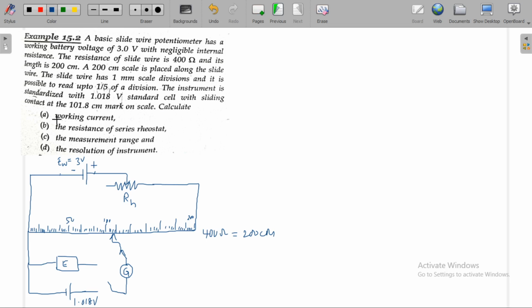Working current is the first one. The instrument is standardized, so the switch is thrown to calibrate position.